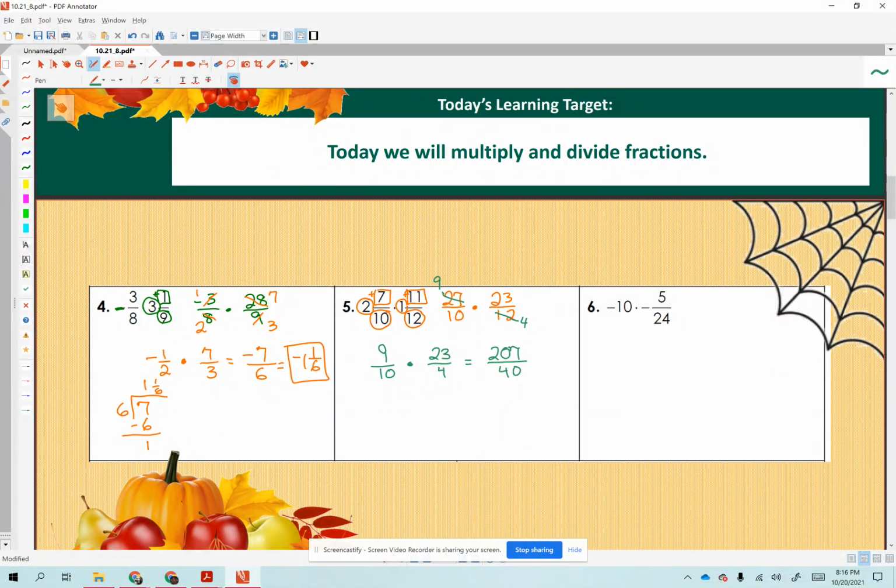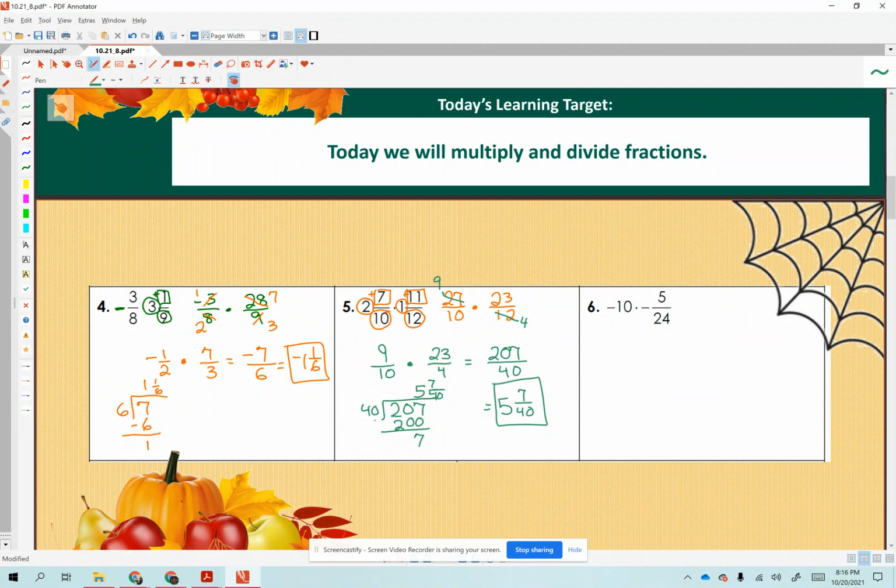Let's get that back to a mixed number. So I'll take 207 divided by 40, and I know that 4 times 5 is 20, so that tells me that 40 times 5 is 200, with 7/40ths left over. So my final answer is 5 and 7/40ths.